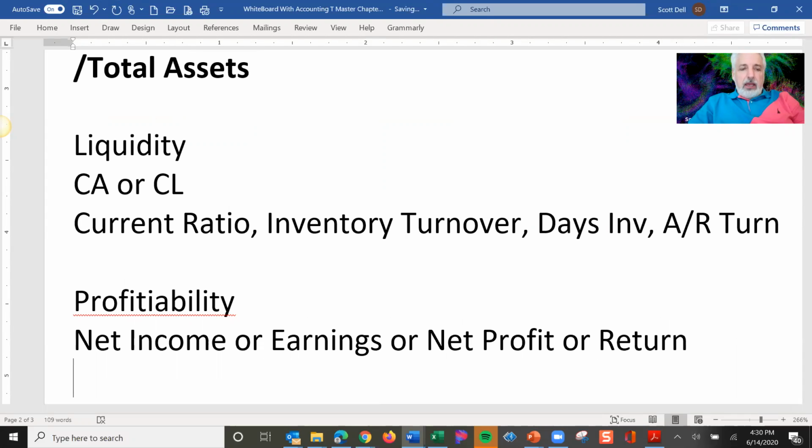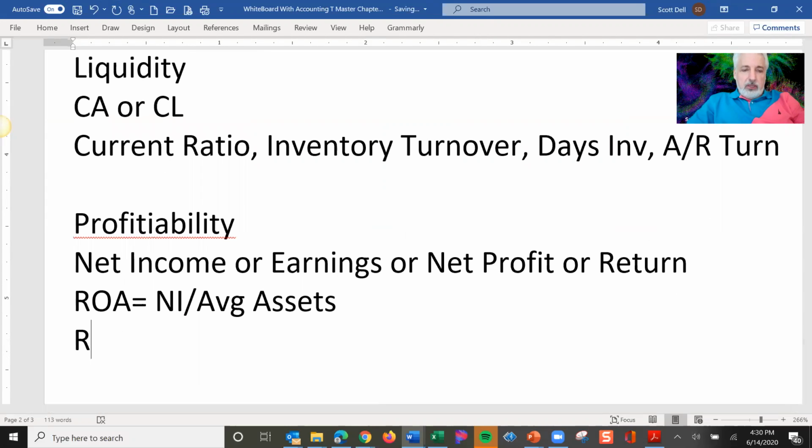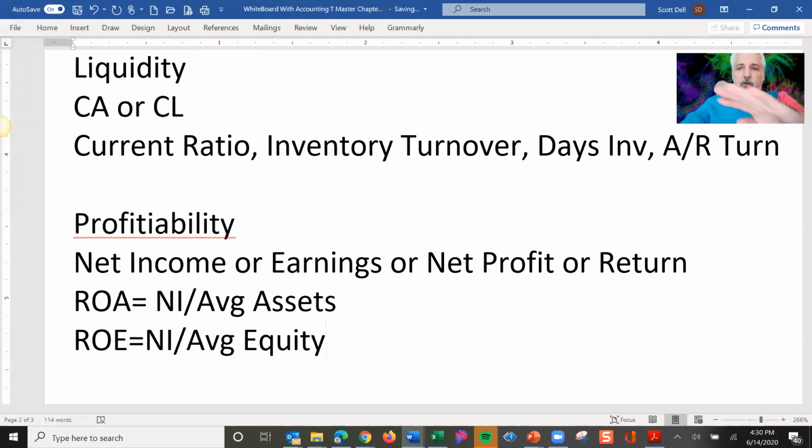So I might look at ROA, return on assets, equals net income over average assets. I can do a return on equity, equals net income over average equity. Remember, we need to take that average because net income is for a whole year, but the assets themselves are 2 points in time, so we take an average of those 2 points.